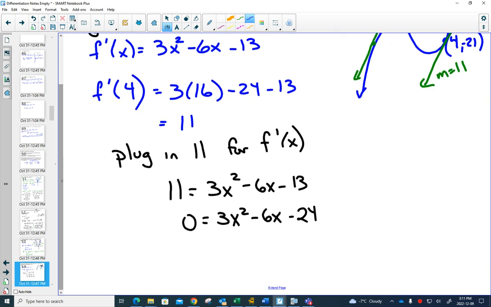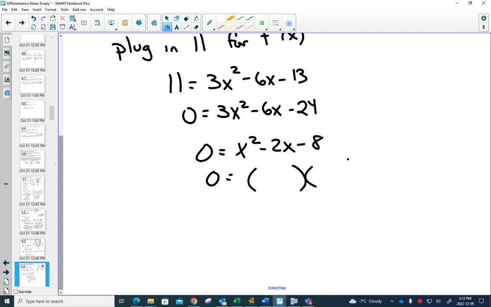Can you see that you could divide everything by 3? If I divide everything by 3, I would just get x squared minus 2x minus 8. And as far as factoring goes, you already know what one of the factors has to be.